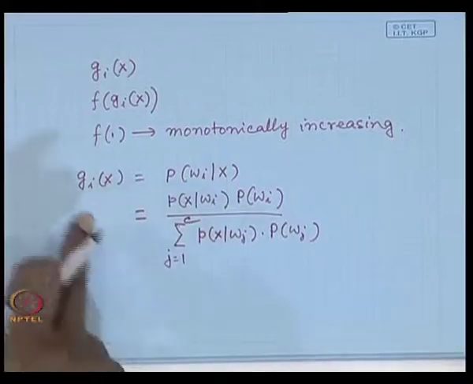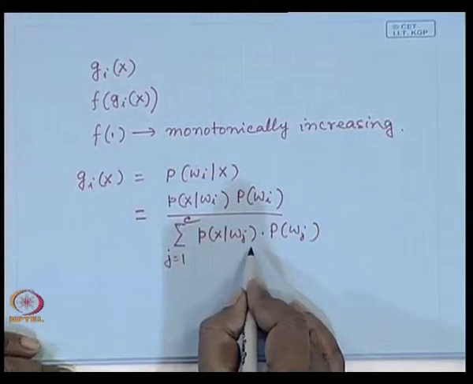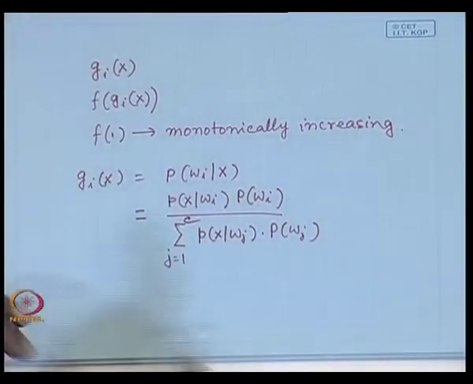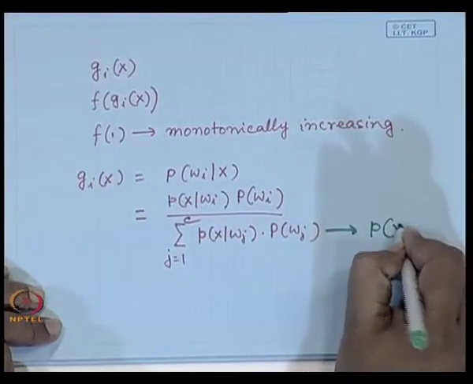Now, this term p of x given omega j into p of omega j is nothing but our p of x.